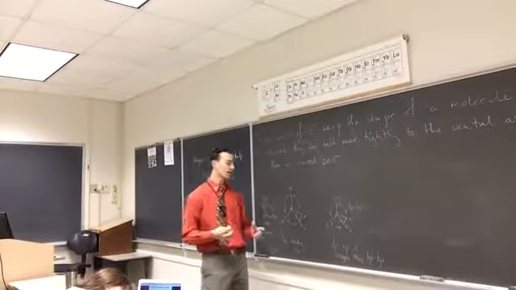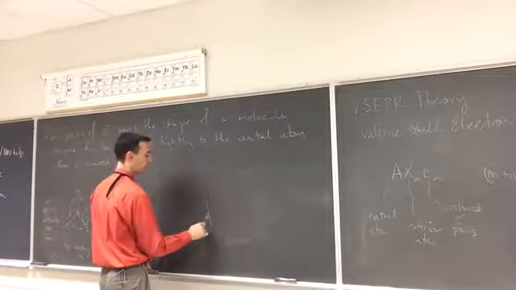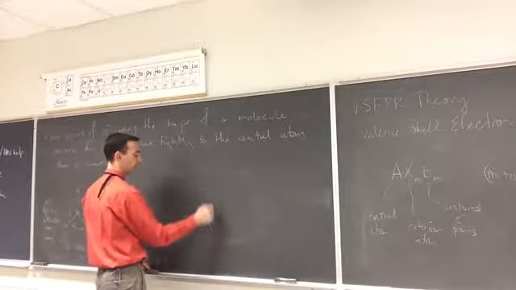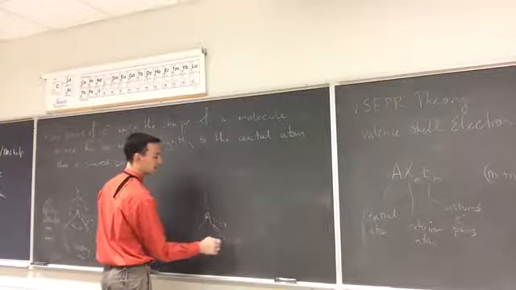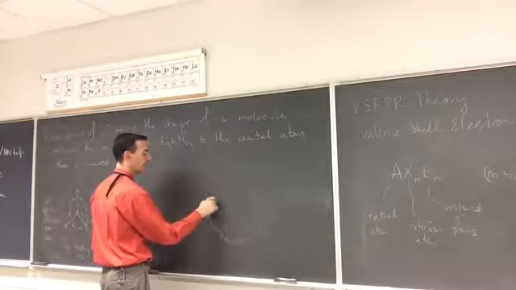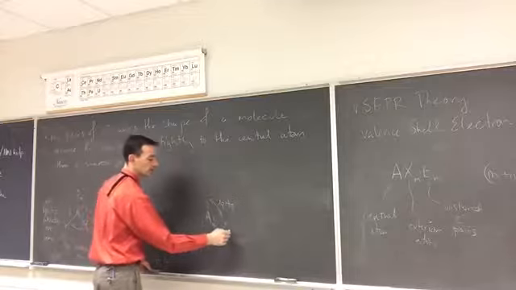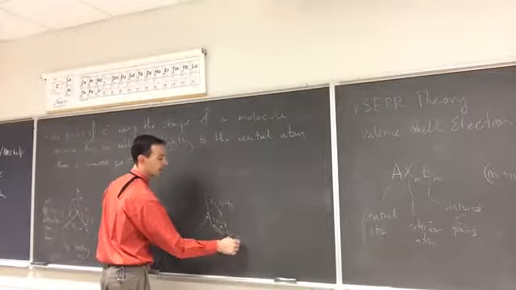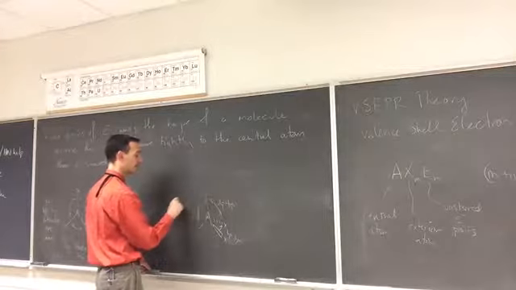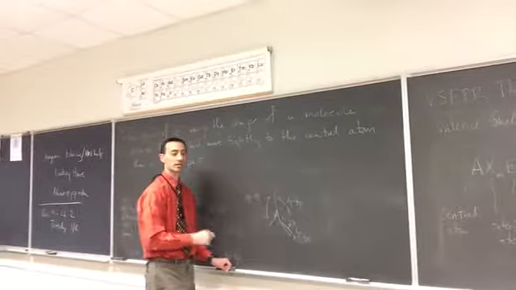And the strongest of these possible interactions would be lone pair. So A with two lone pairs, two X's. Now you have lone pair, bonding pair interactions. You still have a bonding pair interaction, but you now have a lone pair interaction.